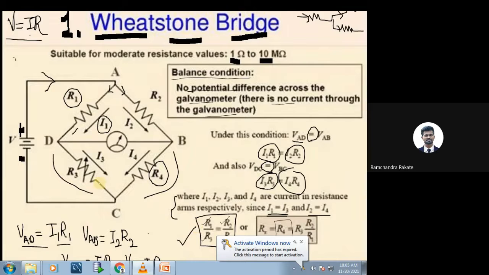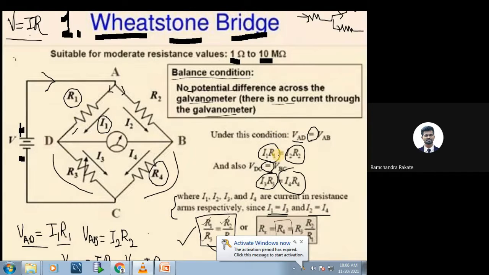Okay. So now what is our aim? Our aim is to find out R4. If you simplify this, we will get the value of R4. R3 will come to the RHS, R2 by R1 into R3. So finally we will get the value of R4 as R3 into R2 by R1.